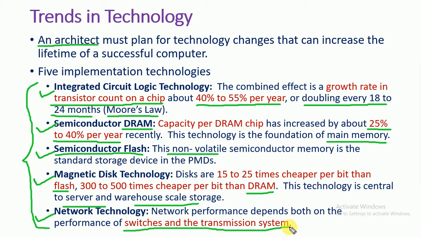The network performance depends on the capability of the switches as well as the medium used for that particular communication. Compared to 10 years back, we now have better switches and better transmission media available, so the network speed has also increased year by year.